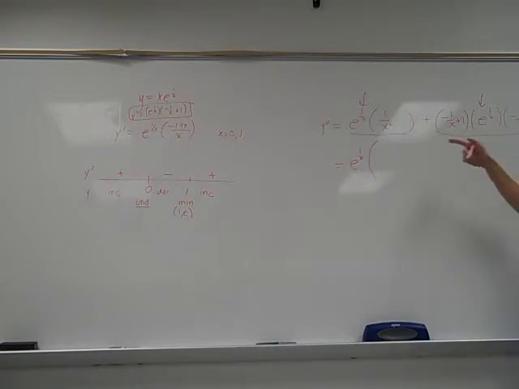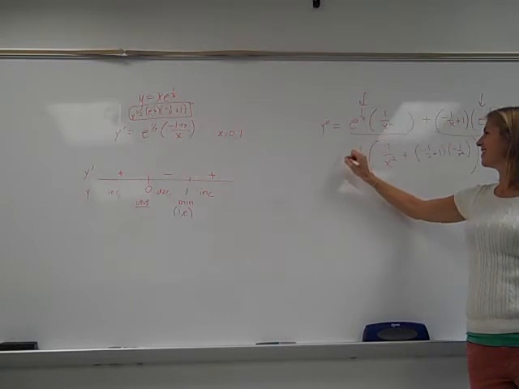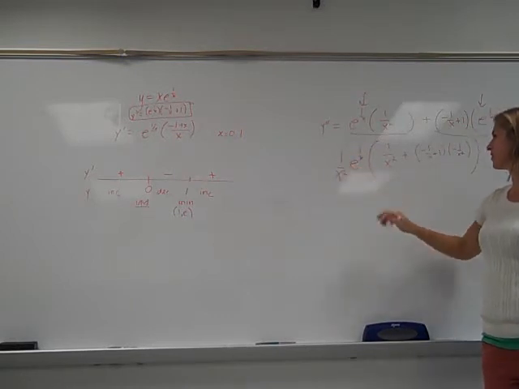And I'll be left with 1 over x squared plus negative 1 over x plus 1 times negative 1 over x squared. This doesn't look like it's getting a lot easier. I guess I could. Let's just make this a little more fun. Let's take a 1 over x squared out too.